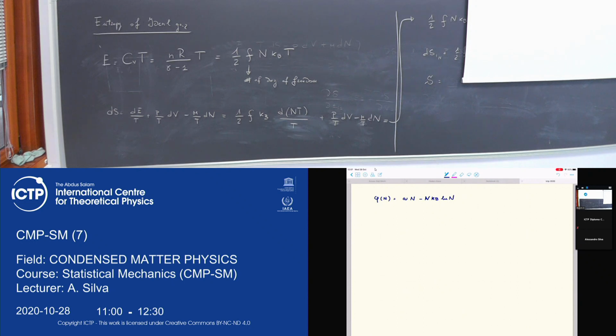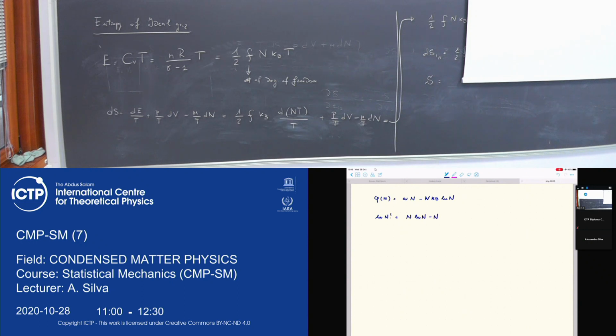Now, when you see an n log n, when n is much larger than 1, what comes to your mind? The Stirling approximation, right? The Stirling approximation tells us that log of n factorial is equal to n log n minus n.